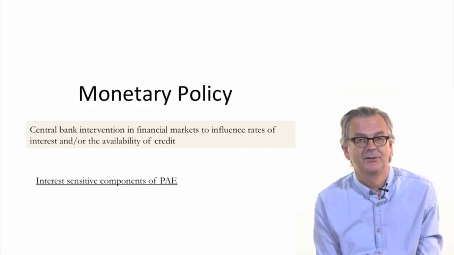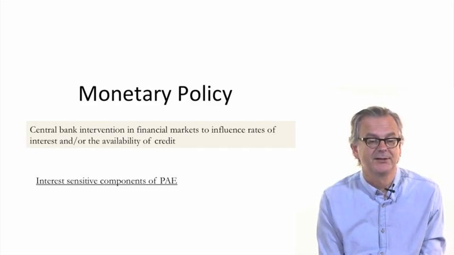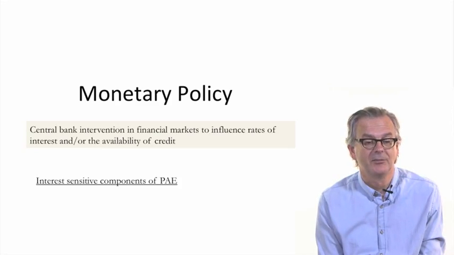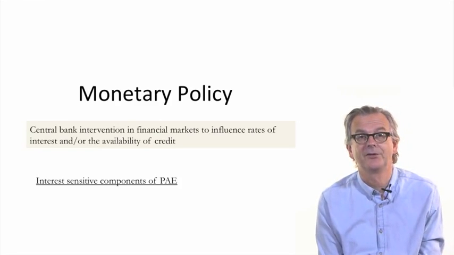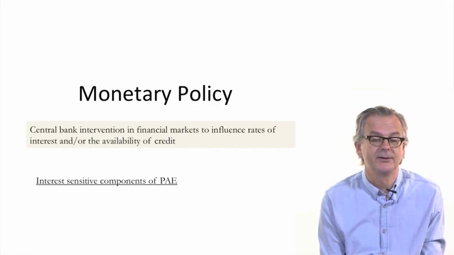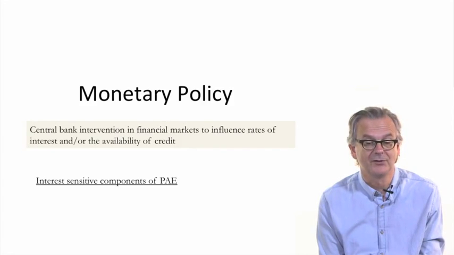It shouldn't be too hard to go from what I'm saying towards situations such as in the United States, where they implement now what is known as quantitative easing, which is very much direct action to try to influence the availability of credit. But I'm going to focus on the more general case and the policies that are more widely used, and that is central bank interventions to influence rates of interest.